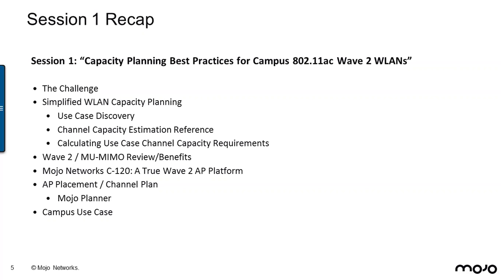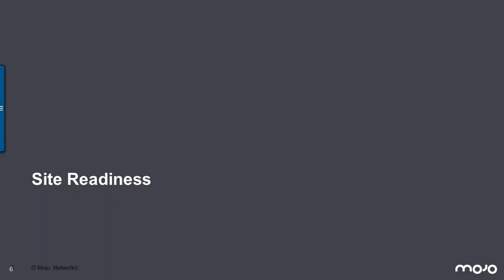And finally, we went through a campus use case. So again, if you haven't seen that webinar, then I welcome you to go visit that, because I think you'll find it very helpful. There are a lot of things we're not going to cover today. We're assuming that we've already figured out what type of APs and how many APs we need and so on and so forth. We will touch a little bit on some of the same things we talked about last week, but only for continuity in this session.